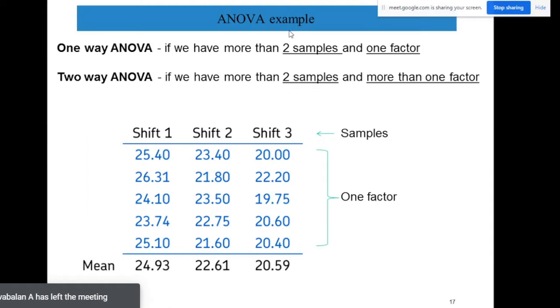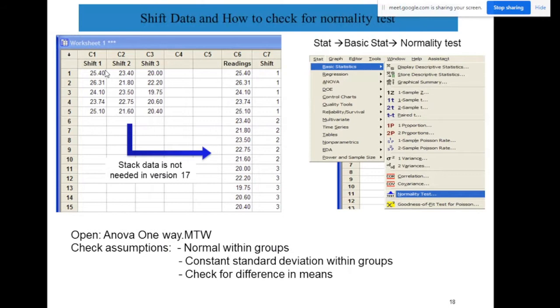Please note that in ANOVA, we will compare the means of the factor levels. So these are the samples. Here we are using one factor, that is one-way ANOVA. The data can be in different columns or in one column.